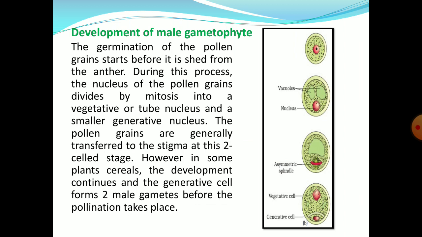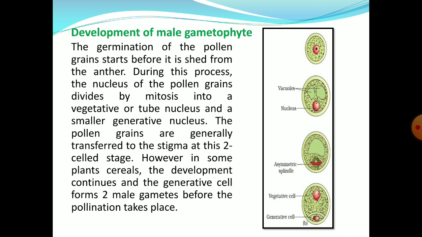The nucleus of the pollen grain divides mitotically to form two nuclei, that is a vegetative or tube nucleus and a smaller generative nucleus, thereby forming two cells, vegetative cell and generative cell. In this case, the vegetative cell is larger and the generative cell is smaller in size.